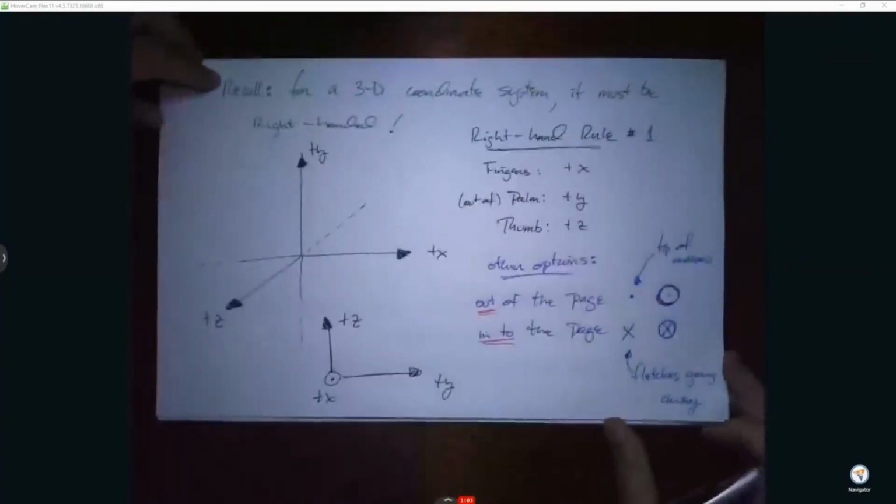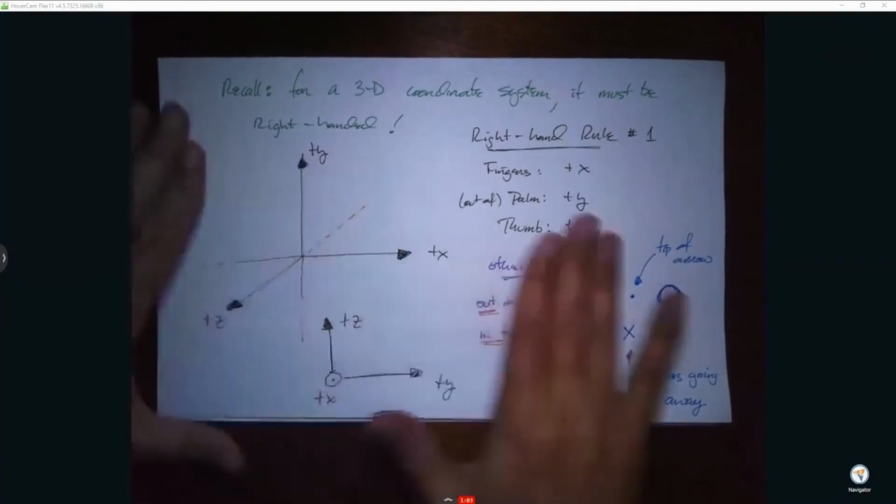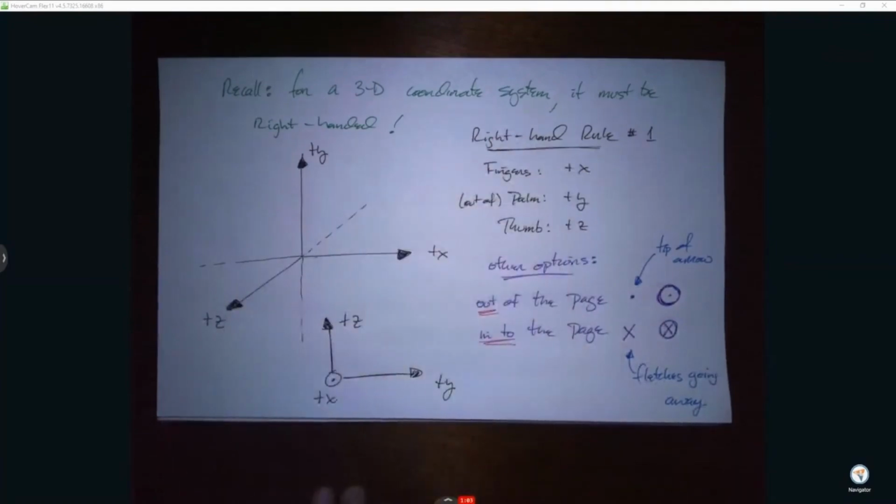And so this is how we would generate a three-dimensional coordinate system. We can do this in and out and work with the plane of the page, or you can do this perspective diagram. It takes a bit of practice, but we could do that.